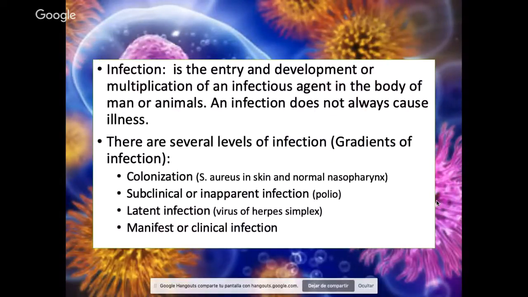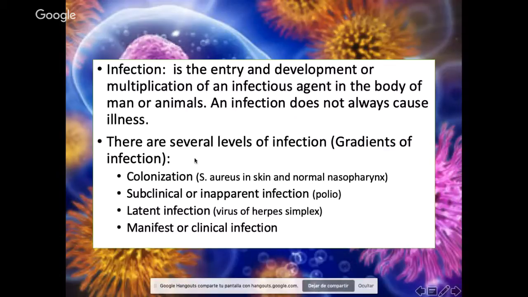First, what is an infection? An infection is the entry and development or multiplication of an infectious agent in the body of man or animals. An infection does not always cause illness. There are several levels of infection.